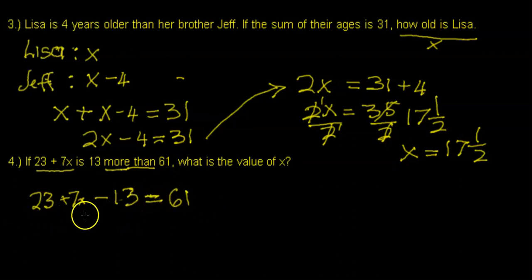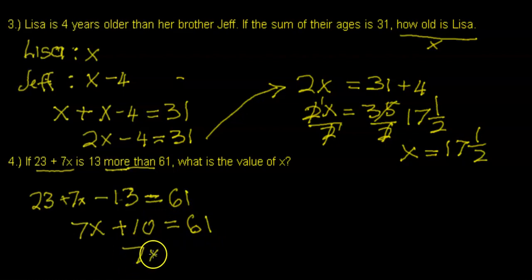So here, this is the equation that we need to solve. All right. Let's go ahead and quickly solve it. On the left hand side, we have 23 minus 13, which is going to be 10. So we have 7x plus 10 equals 61.